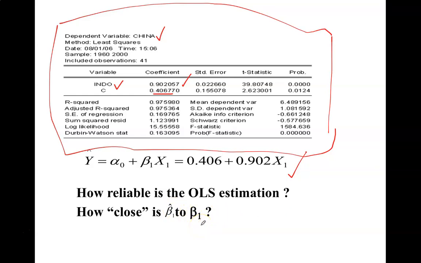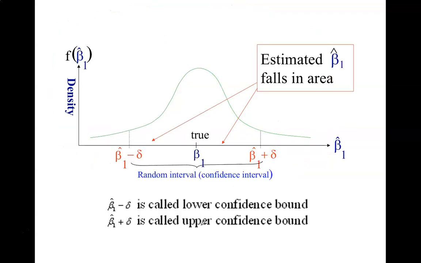This is what we want to know from the sample regression function as a representative of the population regression function. What we are going to do is calculate the interval, the confidence interval, a random interval, where the estimated betas will fall. It is related to the mean and variance of this bell-shaped distribution of the data we are using.